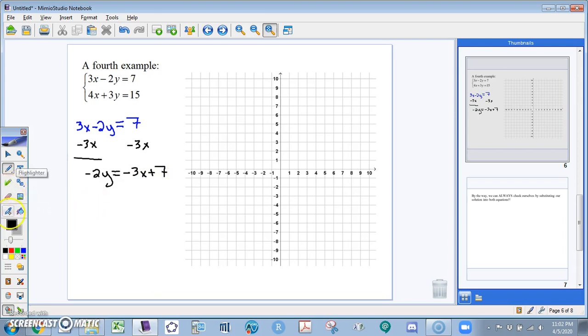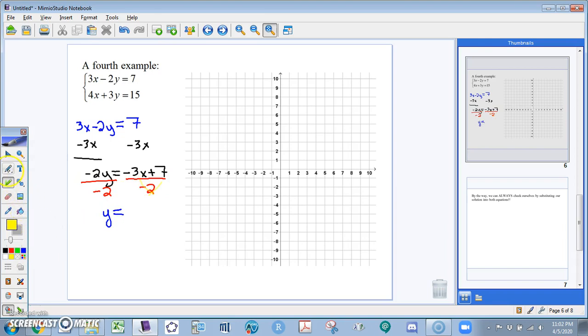Then I need to go and divide through. My color coding sort of went out the window. And I need to actually divide by a negative 2 because I've got to get that to be a positive y. A negative 2y divided by negative 2, a negative divided by a negative is positive, so I get positive y. Over here, remember that we need to distribute that.